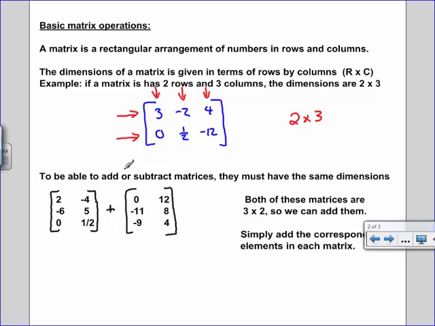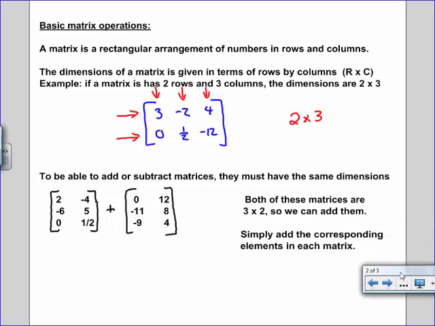Now, to add or subtract matrices, they must have the same dimensions. And as noted here, both of these are 3 by 2 matrices, 3 rows by 2 columns. And all you have to do is add the corresponding elements, the elements that are in the same position, like the 2 and the 0 are in the same position.